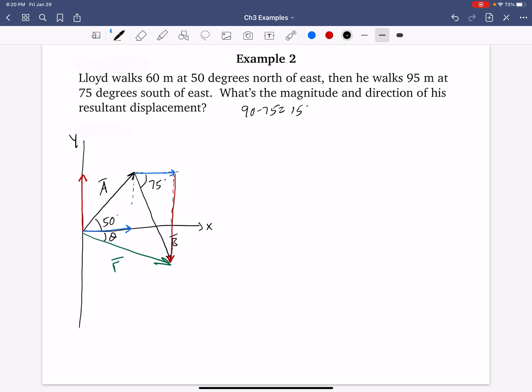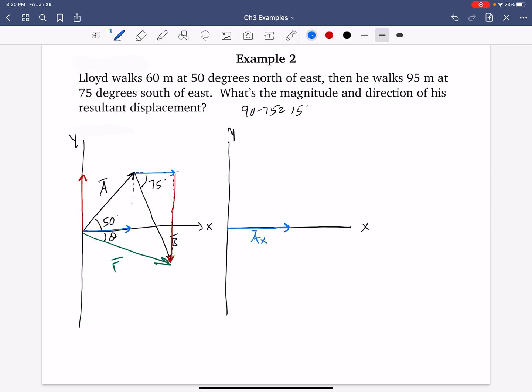So this may look a little confusing. I'm going to draw another axis. Now let's only draw the components. So we have AX, something like this.